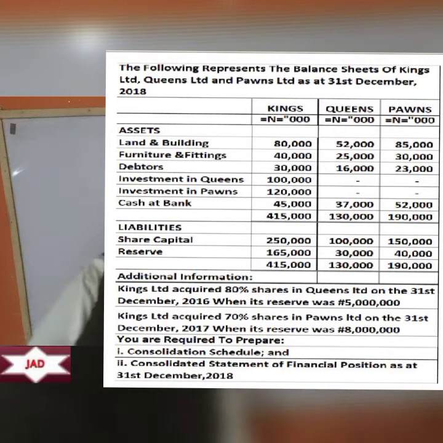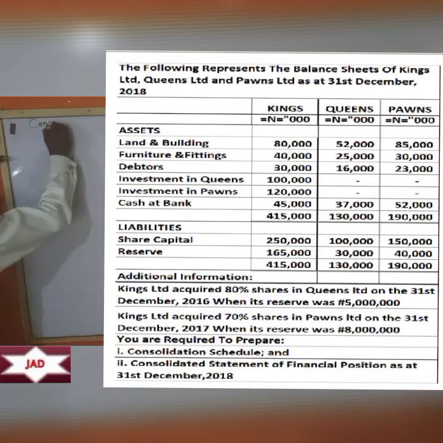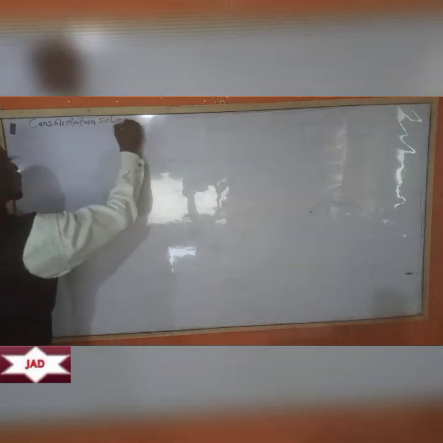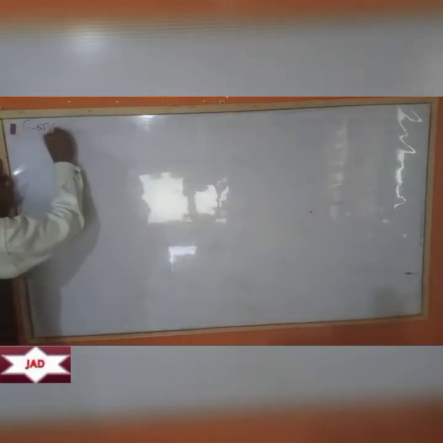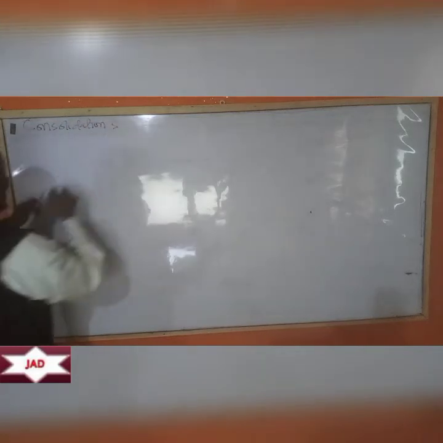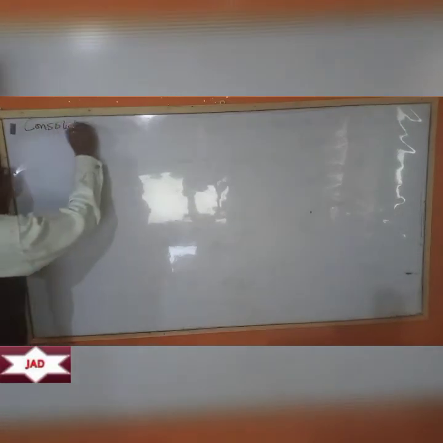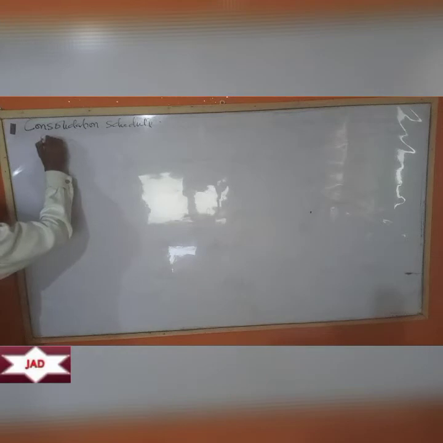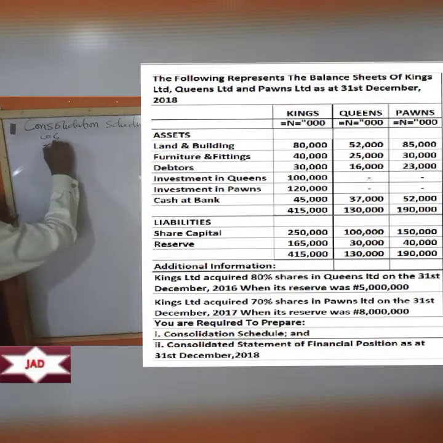So these are the consolidation schedules. We have cost of control, Kings in Queens.